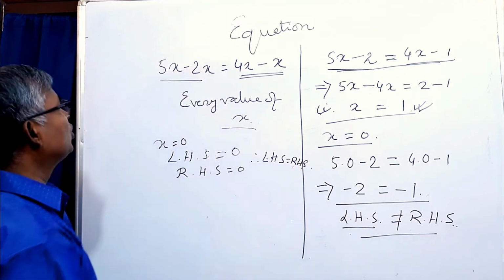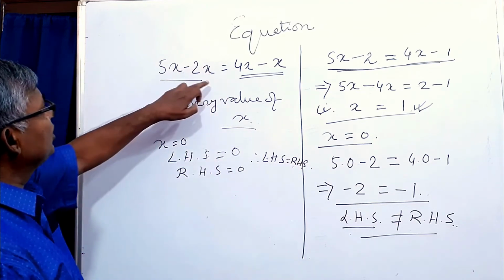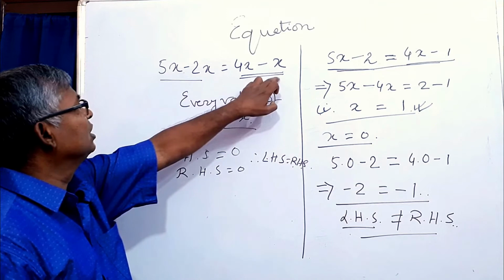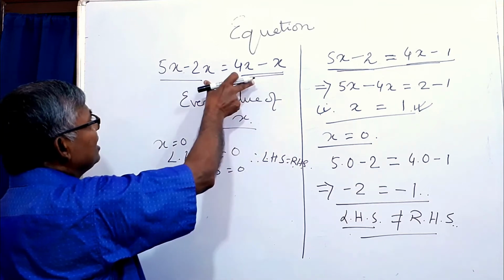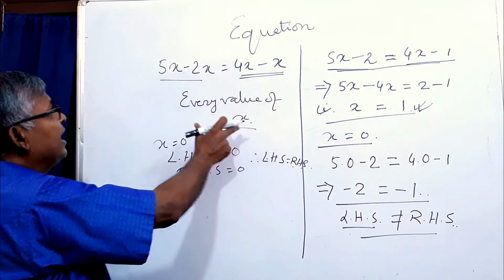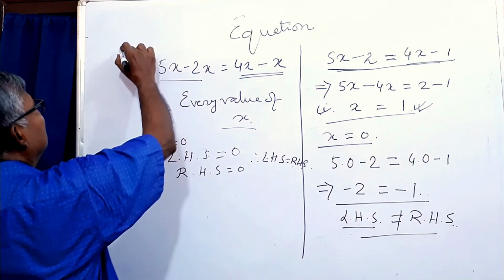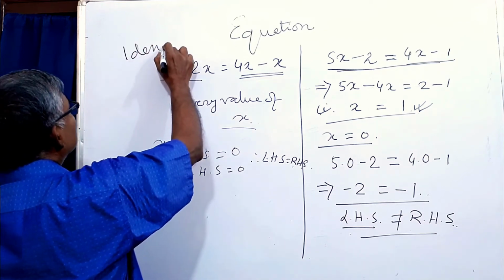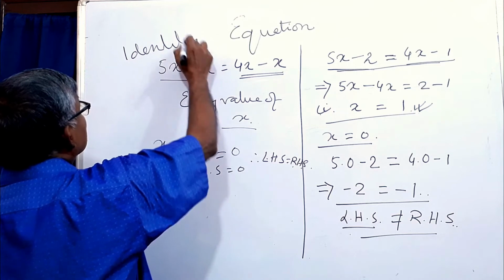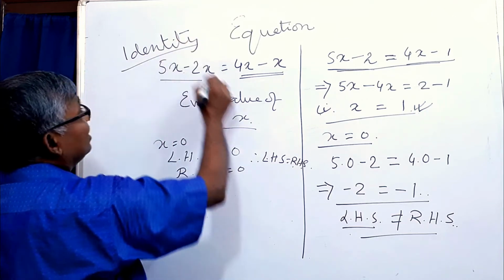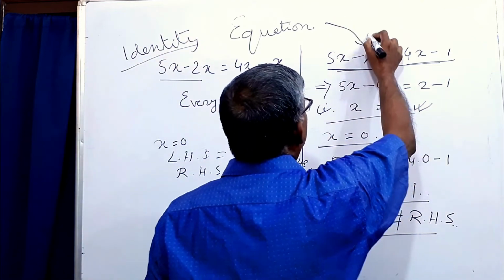Again you put x equal to 1, so it will be 3 here and 3 here. So for every value of x, this relation is true. Hence it is called an identity, and this other relation is called an equation.